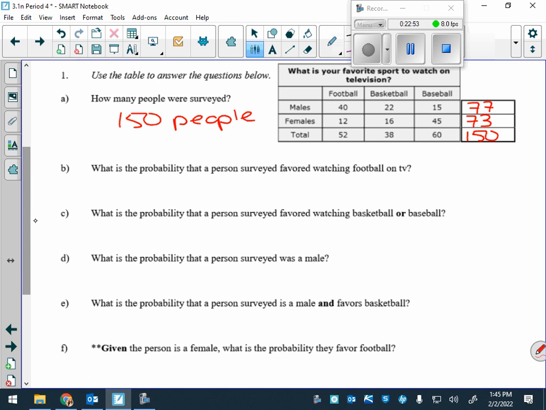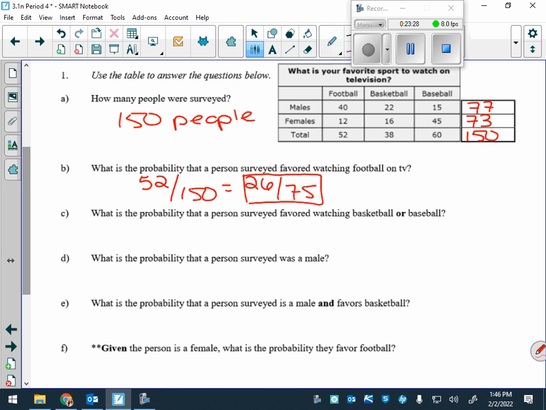What is the probability that a person surveyed favored watching football on TV? So start with our initial fraction, then we'll reduce after. What would it be? Wes? Good. 52 over 150. What would that reduce to? Do you know? 26 over 75. Good.